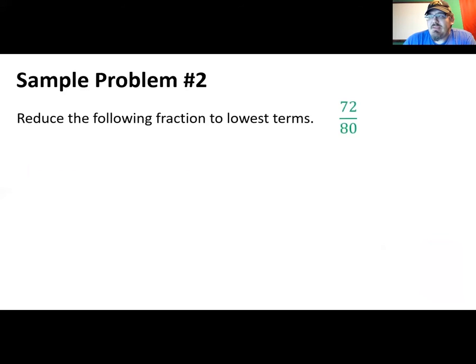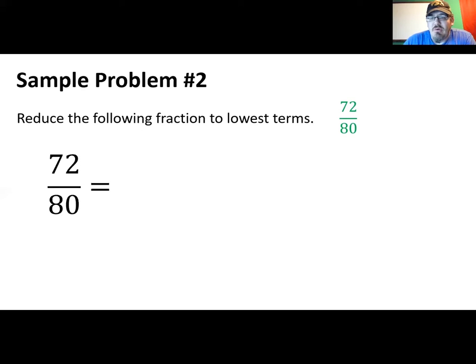All right, problem number 2 is basically working in reverse. This time we're going to take the fraction 72/80 and reduce it to lowest terms, which basically means we're going to write it in an equivalent form. We just want to have smaller values for the numerator and the denominator.